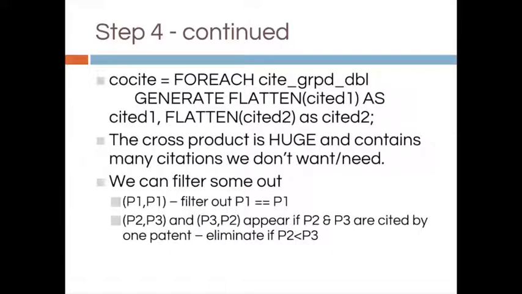For example, we could filter out entries based on equivalency of two columns, and we could also eliminate entries where the number of the first patent is smaller than the number of the second. Because if you have 2 citing 3 and you have 3 citing 2, we're trying to get rid of one of those. We could simply sort by forcing the first number to be bigger than the second, and that would get rid of one of those entries.